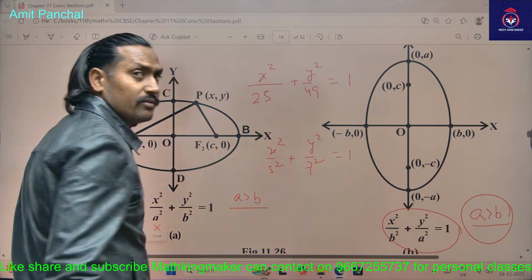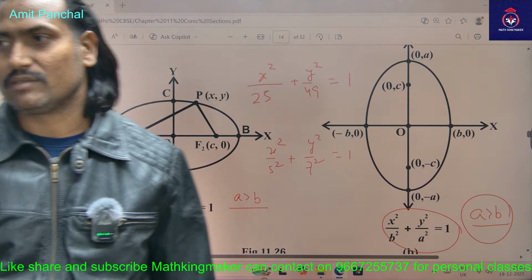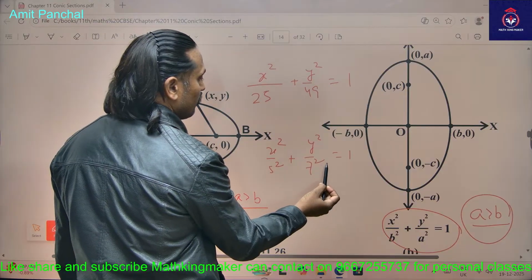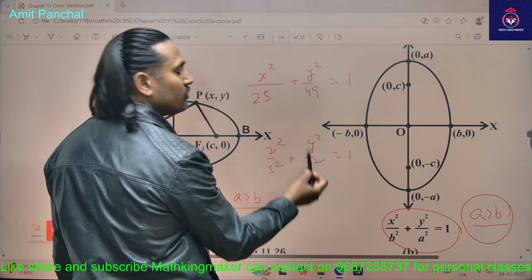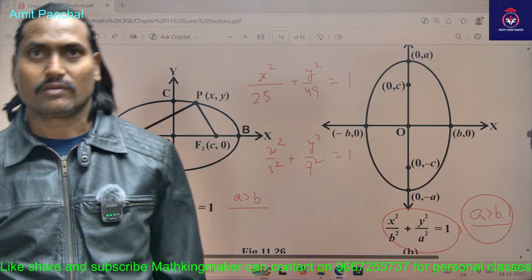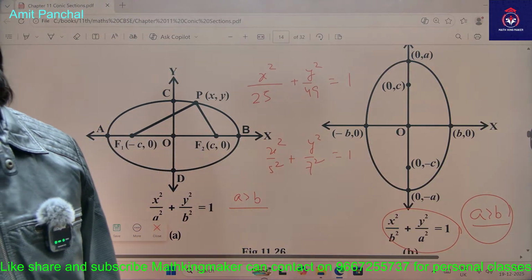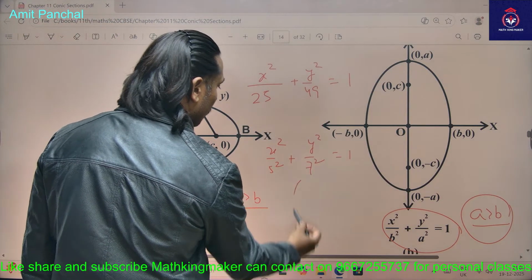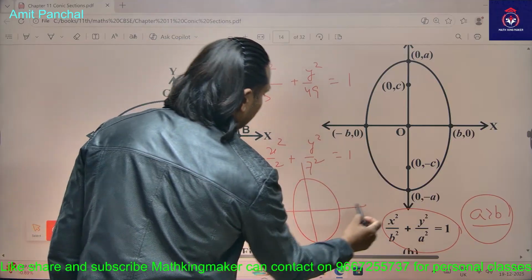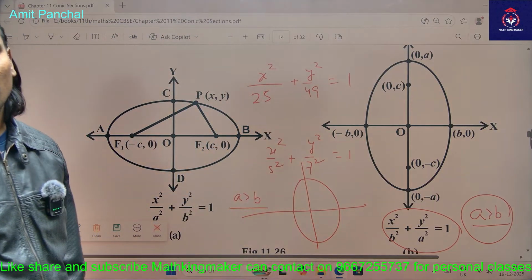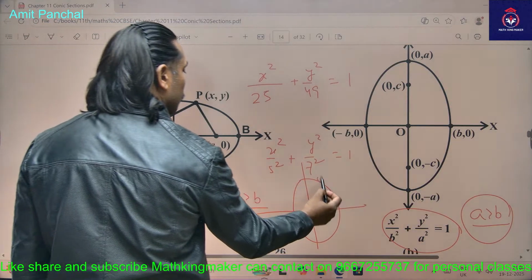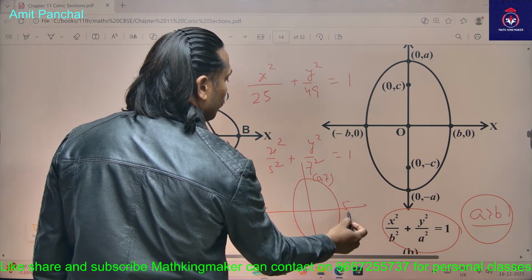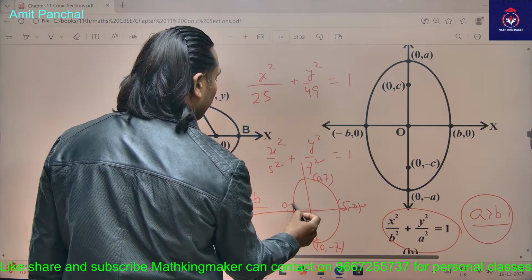You can see the major axis here lies on the y-axis, so the vertices will be 0, 7 and 0, minus 7, and the others will be 5, 0 and minus 5, 0.